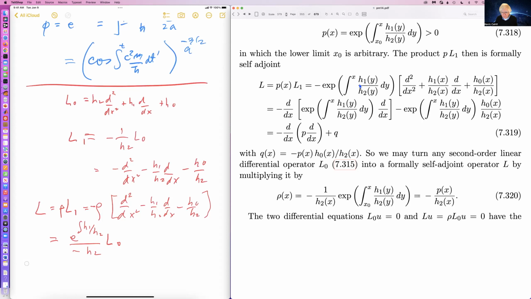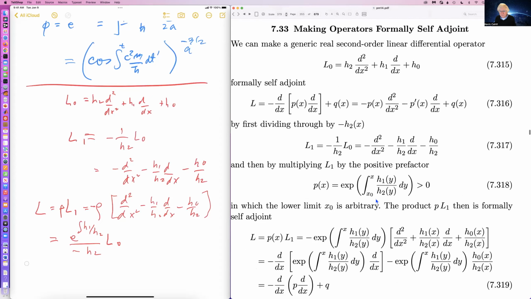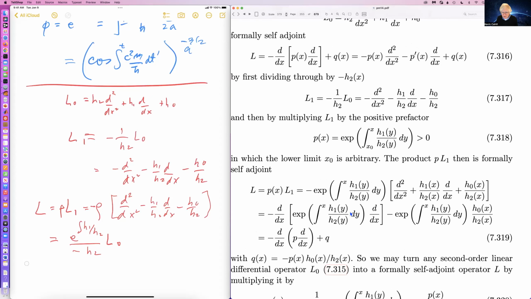And so rho is then this exponential divided by minus H2. And this thing then becomes the P of the differential equation. So in other words, this is what we call little p. It's the thing that's in between the d by dx's.